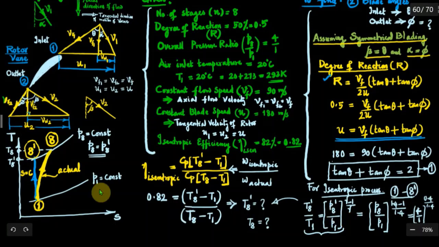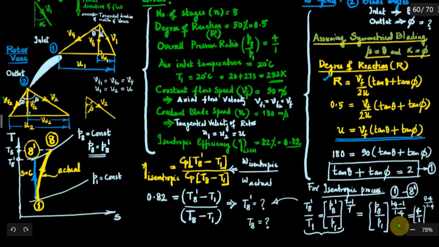What is P8 dash? As you can see in this diagram, P8 dash and P8 are the same because they are on the same constant pressure line, but temperature T8 is greater than T8 dash. That you should remember. So P8 dash is equal to P8. Therefore the relation ultimately is T8 dash divided by T1 is equal to P8 by P1 raised to gamma minus 1 by gamma.